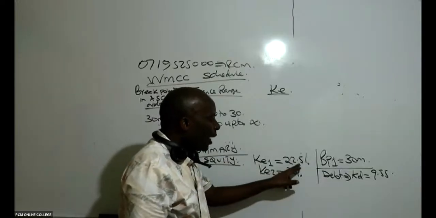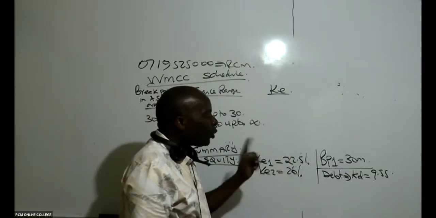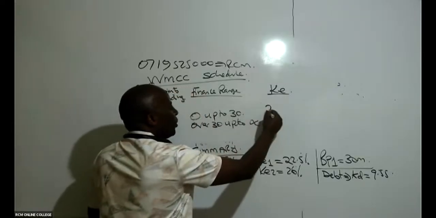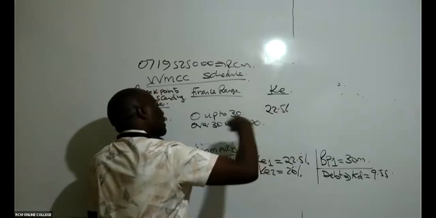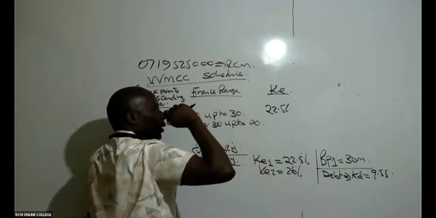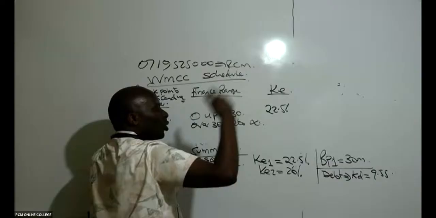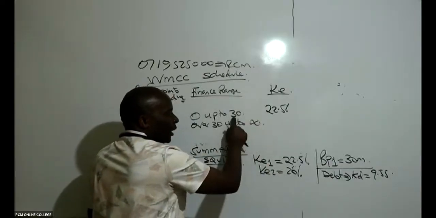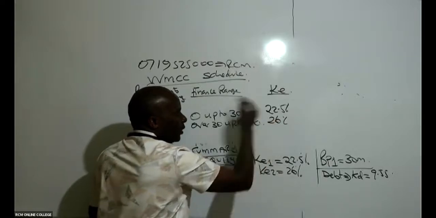This 22.5 will be applicable up to 30 million. Beyond that, we take a new cost of equity. And the new cost of equity will be 26% above this 30.